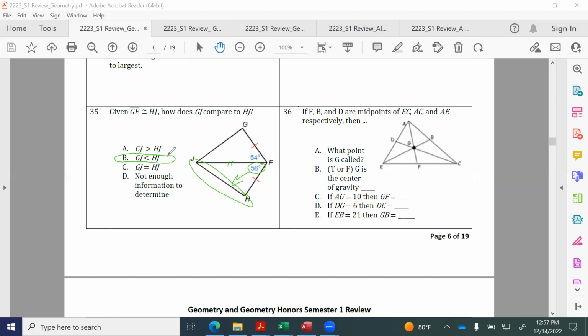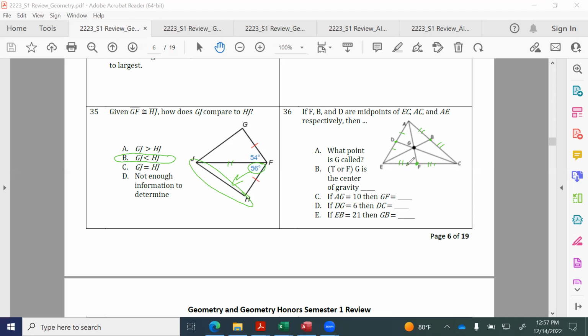All right, moving on. 36. If D, F, and B are midpoints of EC, AC, and AE, respectively, then, so they're telling us these three points are midpoints. I'm going to go ahead and label it so that we can tell they are midpoints. Now, they asked us several questions.